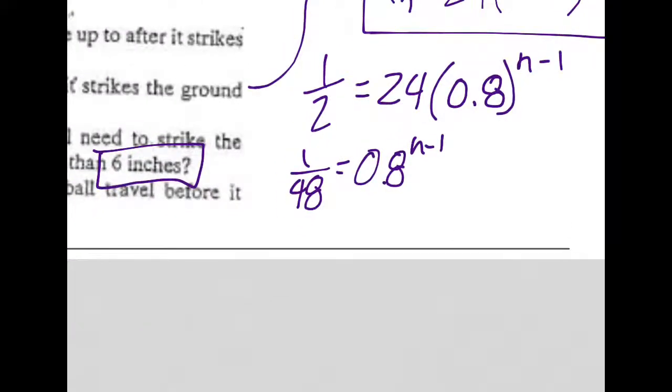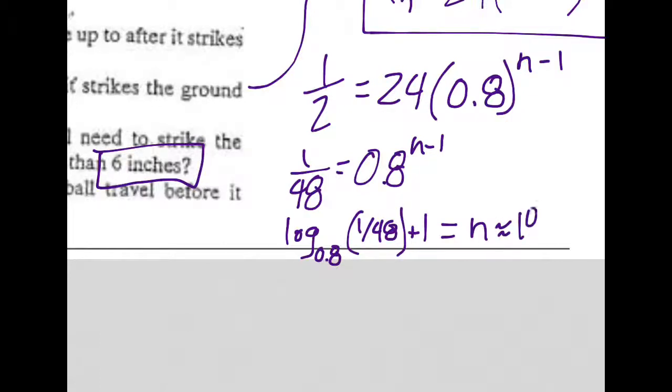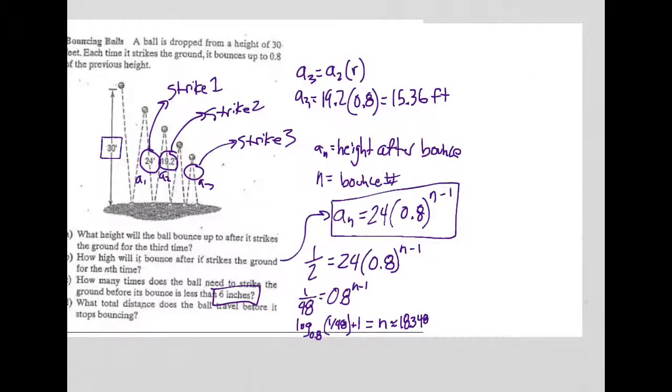And now we can rewrite it as a log by saying the log, still with base 0.8, of the argument 1/48 equals n minus 1. So I'm going to add 1 to both sides now and say that plus 1 equals n. So crunch that number. And when you do so, you get this ugly decimal, 18.348, which doesn't totally make sense to us because we're talking about number of bounces, and you can't have 18.348 bounces.